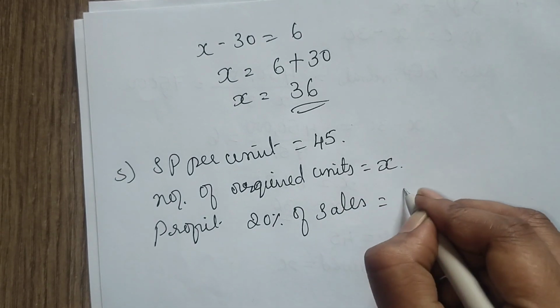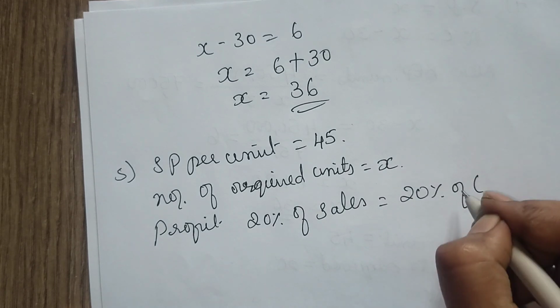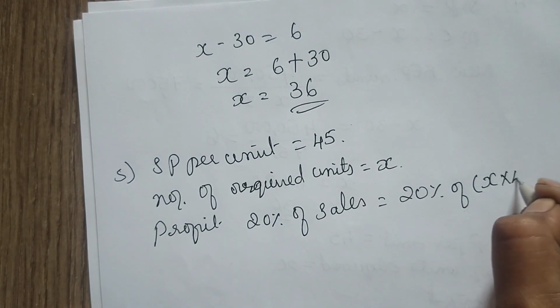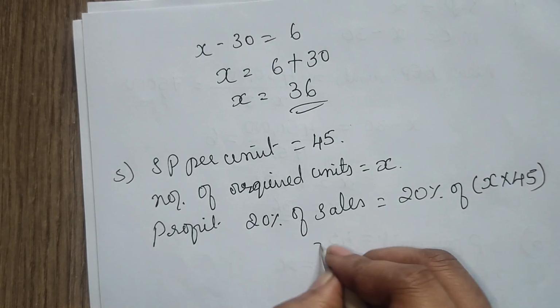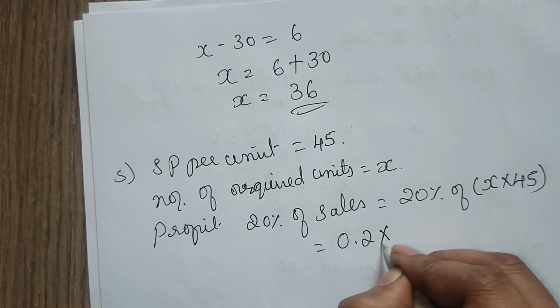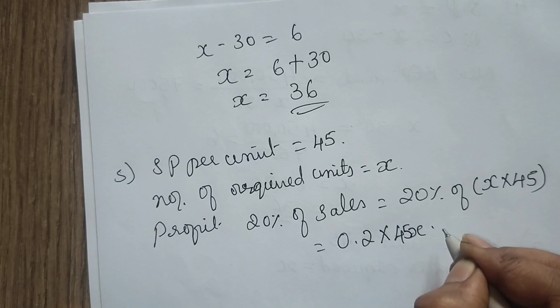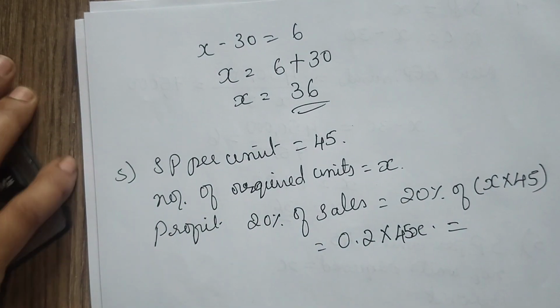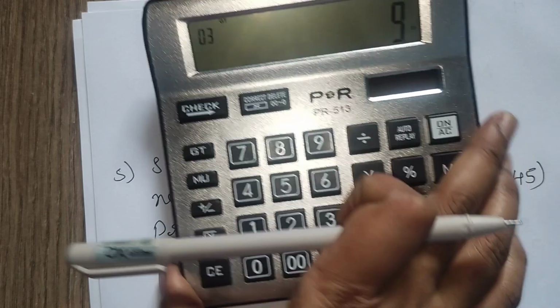That meaning is 20% of X into 45, sales into selling price per unit. Now 0.2 into 45x. 45x is equal to 45 into 0.2.